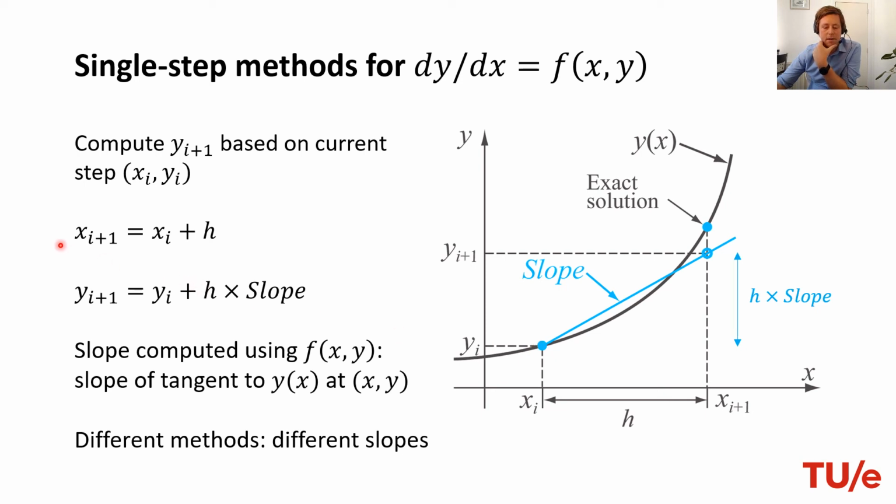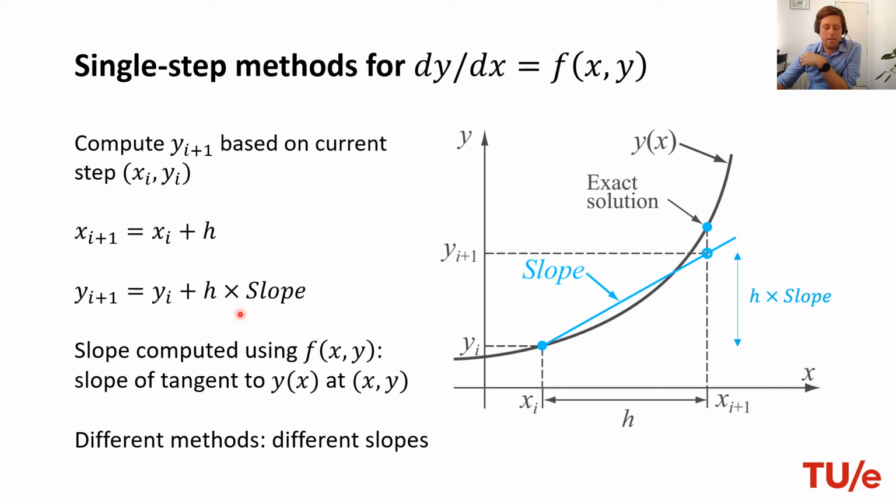And we will do this by increasing x subscript i with h, where h is a predefined or chosen resolution that we have over here. And we will then update the solution based on the current solution plus this length that we project into the future, so h times a certain slope.